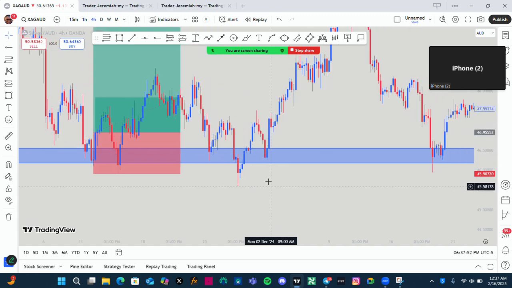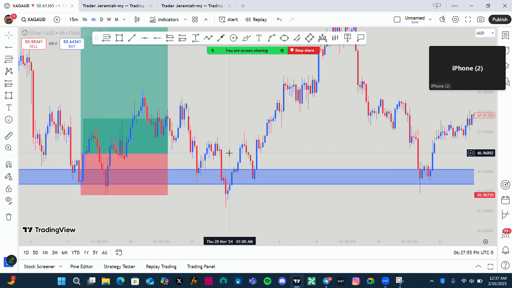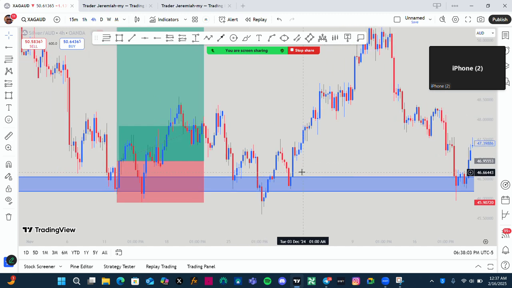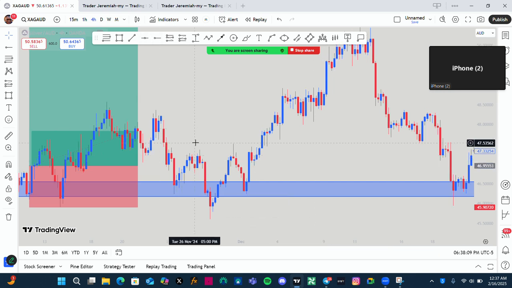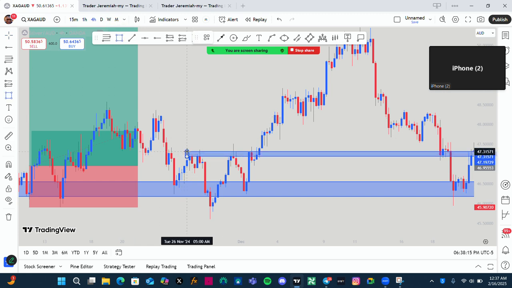So price will need to close above it and then retrace before you can start finding an entry, a trading opportunity at that area. So you can enter the trade somewhere around there.